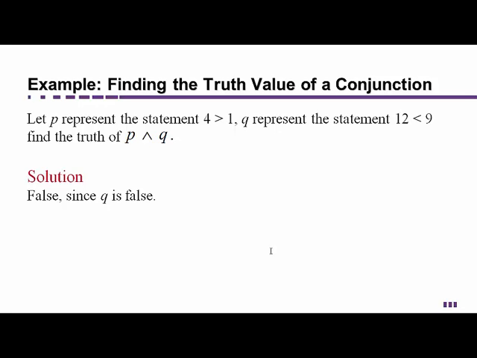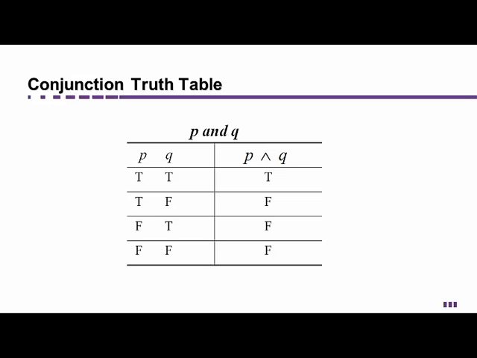All right, here's a simple example. P is the statement 4 is bigger than 1. Q is the statement 12 is less than 9. Find the truth table for P and Q. Well, since 4 is bigger than 1, but 12 is not less than 9, then we know P and Q is going to be false, because if we go back to here, the first one was true, but the second one was false.